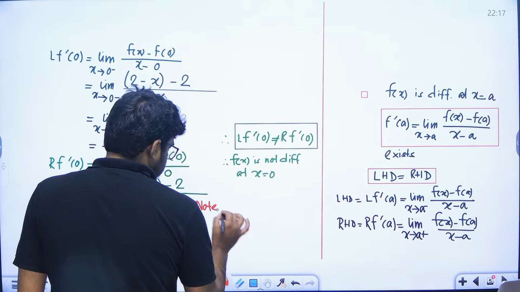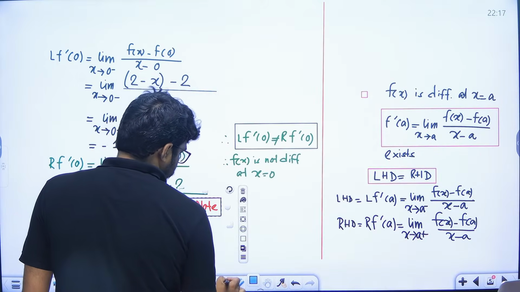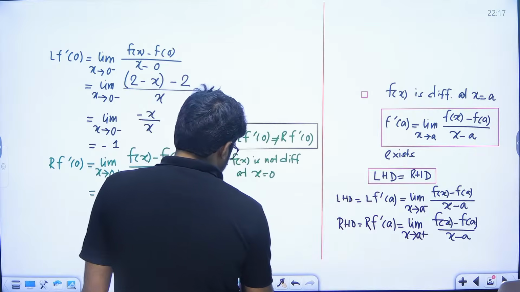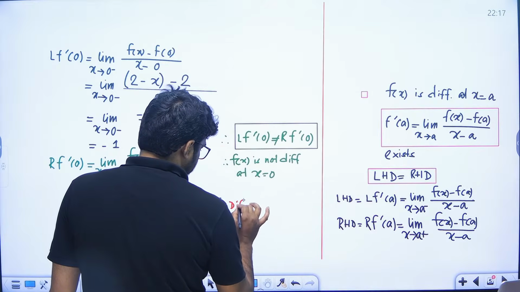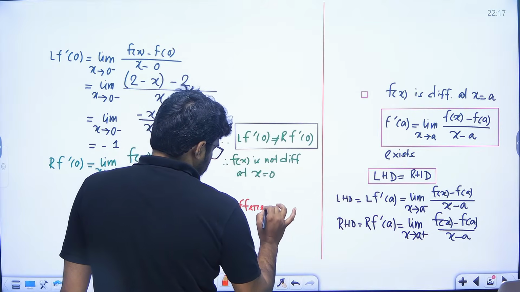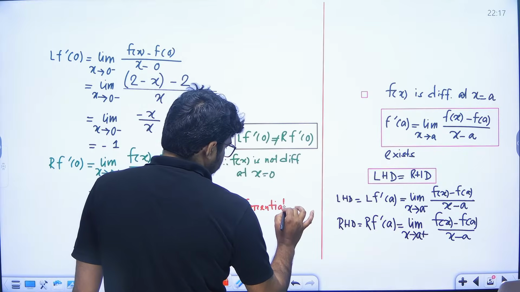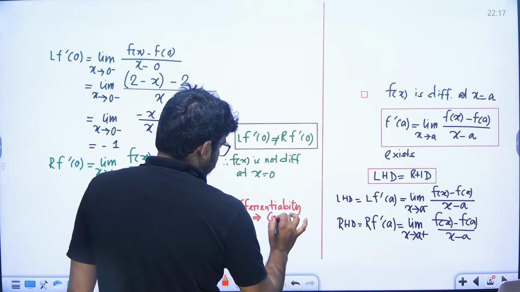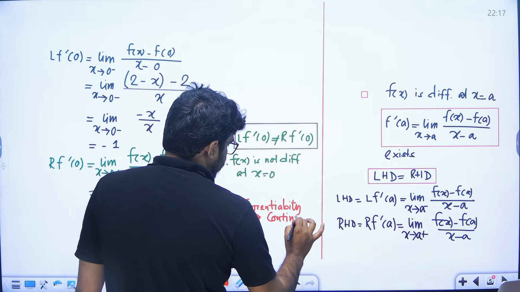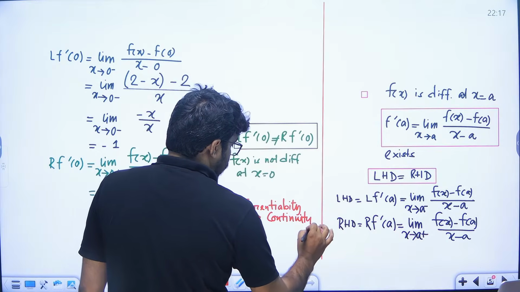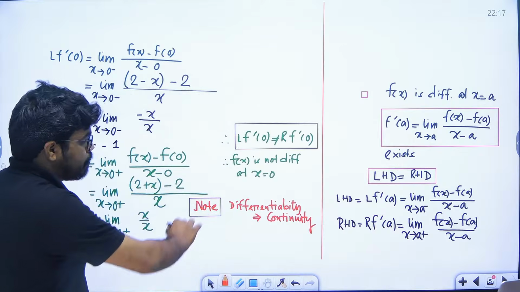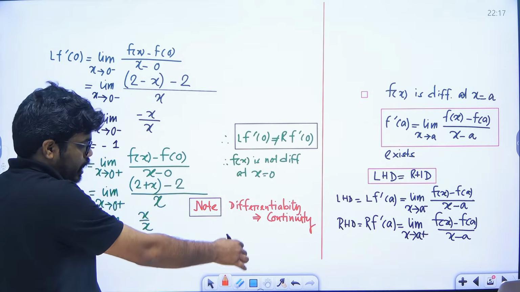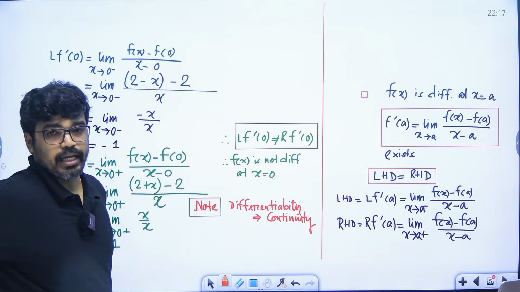Differentiability implies continuity. If a function is differentiable, then it must be continuous. But continuity does not imply differentiability.